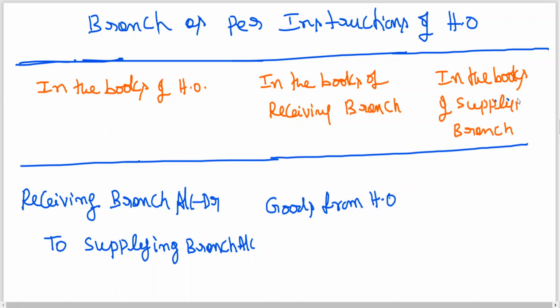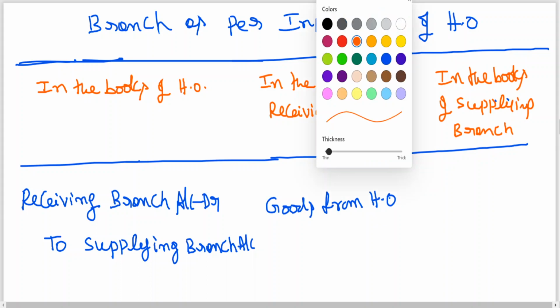Correct? So in the books of receiving branch, they feel that they are getting goods from head office.